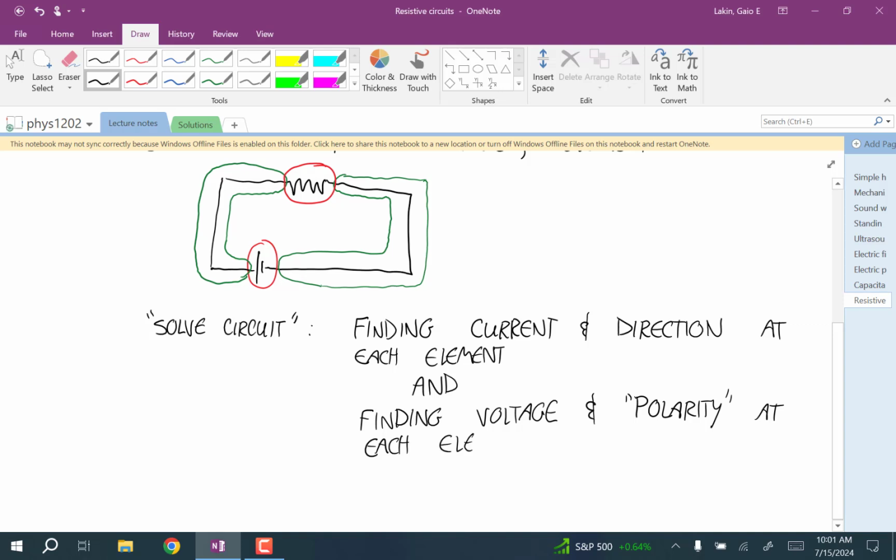So you've solved the circuit when you know the voltage and the current with their directions at every element.